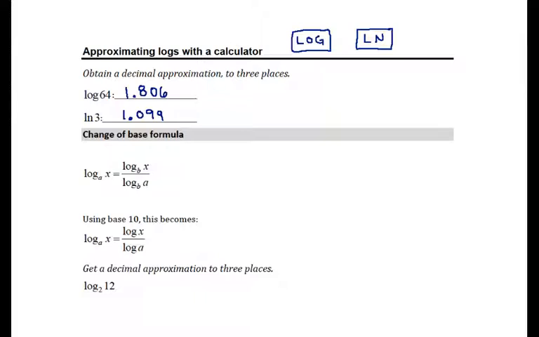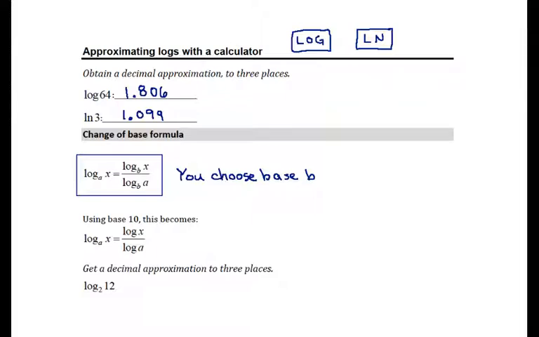For any other base, we use this formula that's called change of base. And it's actually a very simple formula. The way this works in general is that you're given something in base A and you choose base B. So you're changing the base from whatever showed up in your original expression to a chosen base, and most people will choose either base 10 or base E because those are the two bases that your calculator can handle.